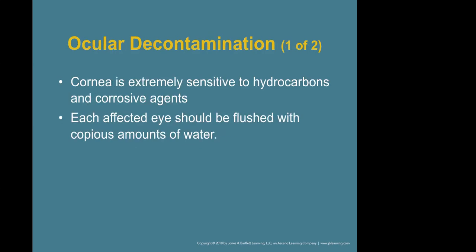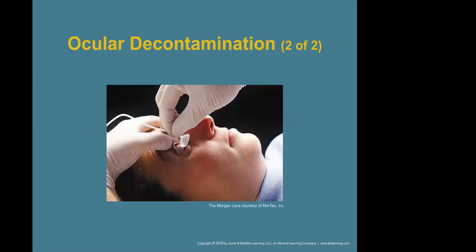So ocular decontamination is actually necessary when dealing with the eyes. The eyes are just one of those lovely weird organs in the body. The cornea is very sensitive to hydrocarbons and corrosion. And remember to keep flushing eyes with water. Here is the device they typically use in the emergency department to flush eyes.